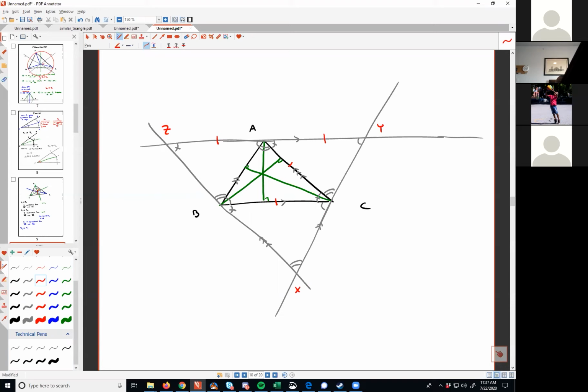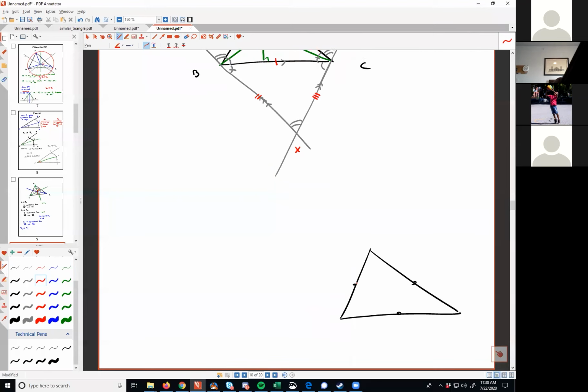Then this original side is here and here. This original side length is here and here. So A, B, and C are the midpoints of YZ, ZX, and XY.